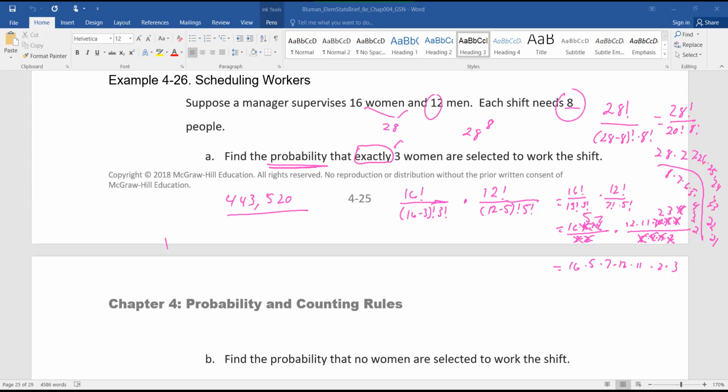I'm curious. All right, then I'm going to just multiply it out. So 28 times 27 times 26 times 25 times 24 times 23 times 22 times 21, divided by parentheses 8 times 7 times 6 times 5 times 4 times 3 times 2.